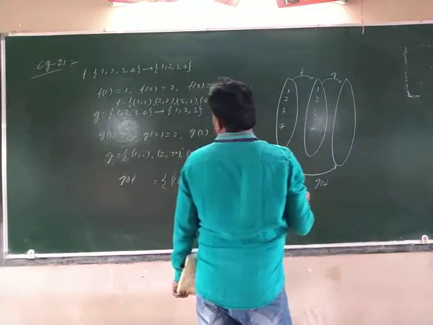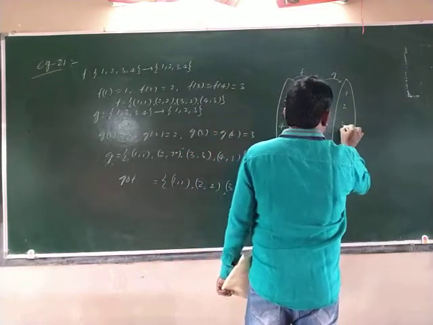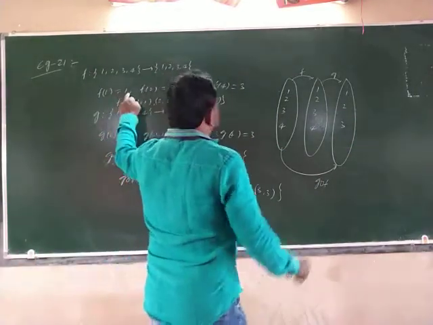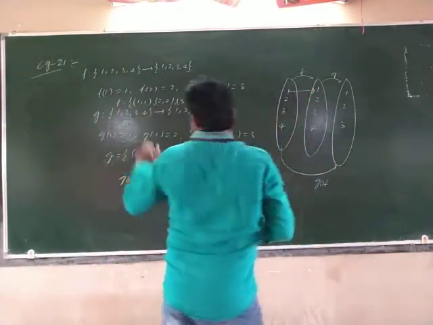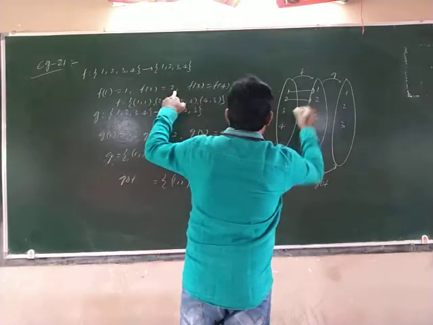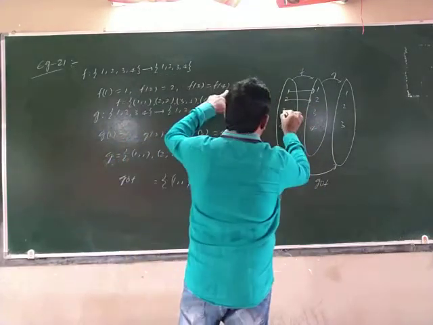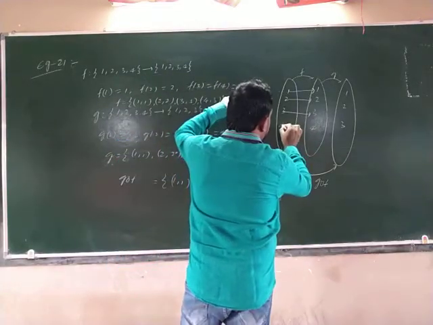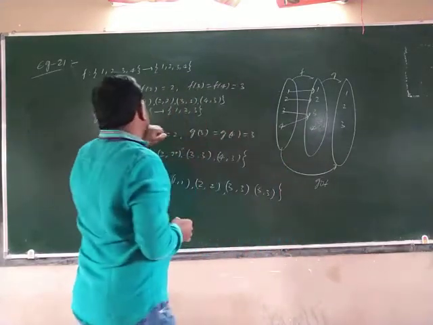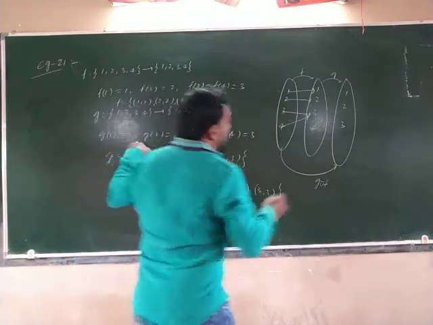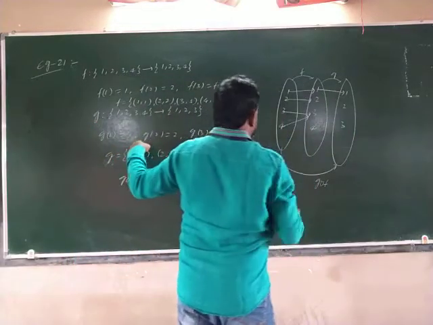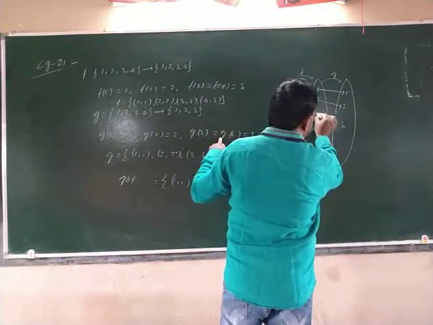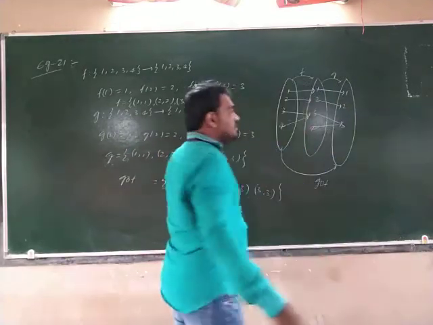So F(1) is 1, 2 is related to 2, F(3) equals 3 only, F(4) equals 3 only. Coming to G, G(1) is 1, G(2) is 2, G(3) is 3, and G(4) is 3.